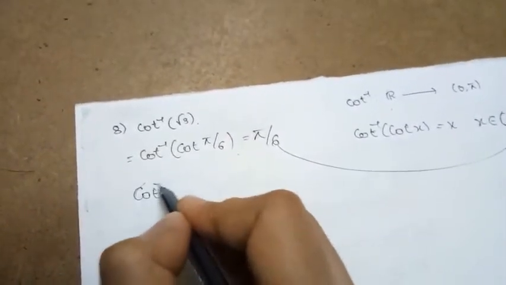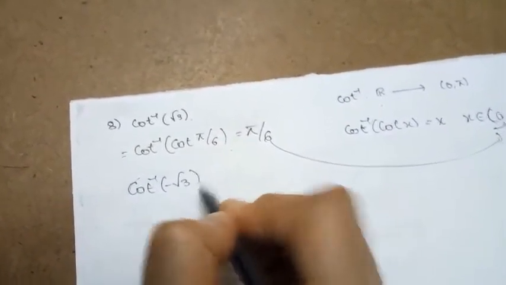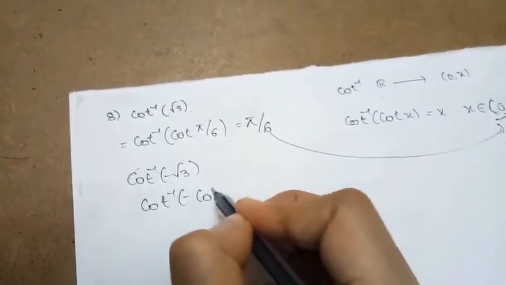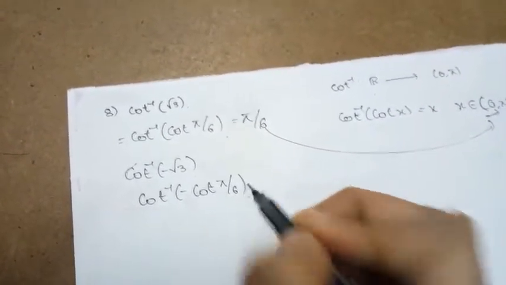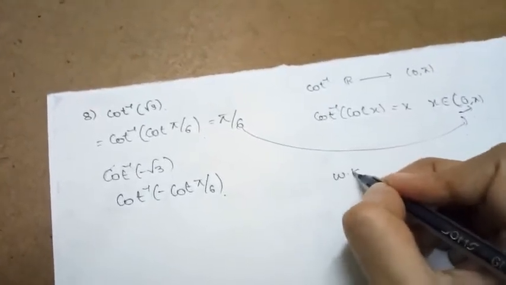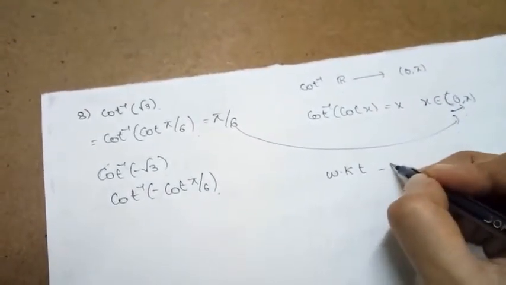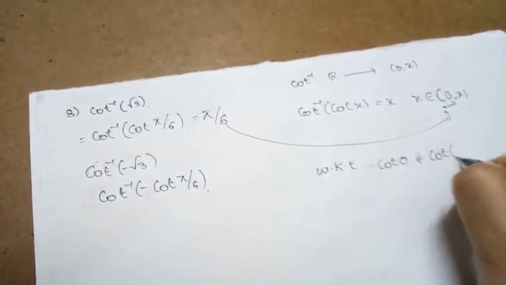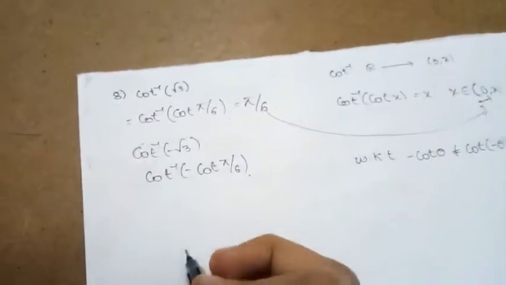Similarly, if I take cot inverse of minus root 3, it becomes cot inverse of minus cot pi by 6, and we know that minus cot theta is not equal to cot of minus theta. So how are we dealing with it?